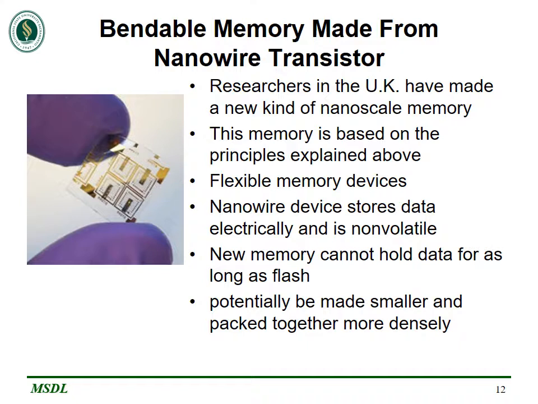The new memory cannot hold data as long as flash, and it is slower and has fewer rewrite cycles, but it could potentially be made smaller and packed together more densely.